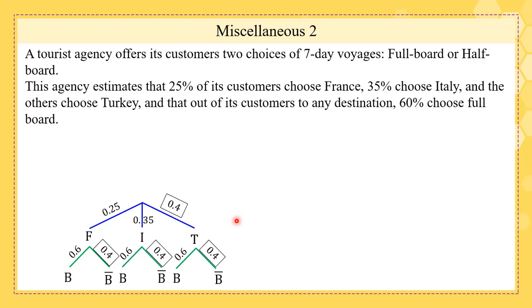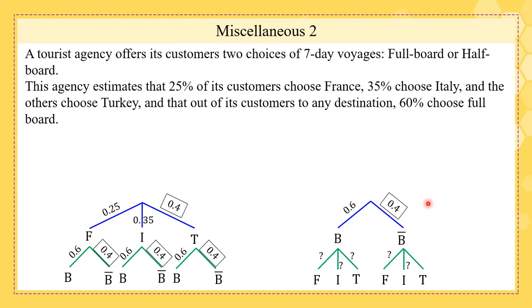Well, one might ask, can we draw another tree? Let's see. If we use full board, half board, so this is 60 and this is 40. And we need to continue with France, Italy, Turkey. You see that in this case, we don't have the probability of choosing France, knowing that we've chosen full board.